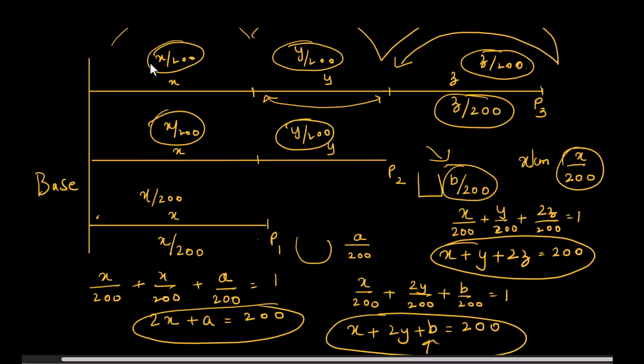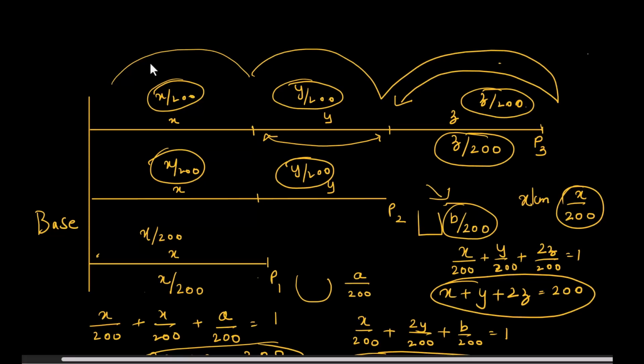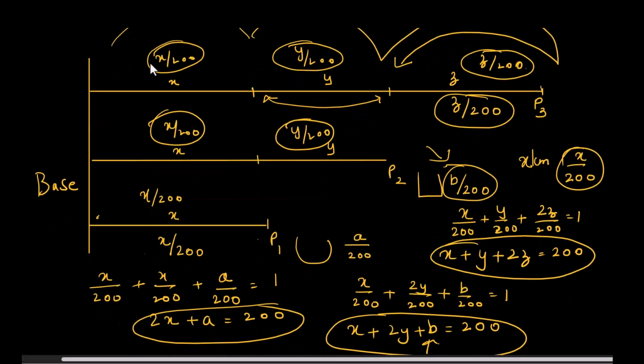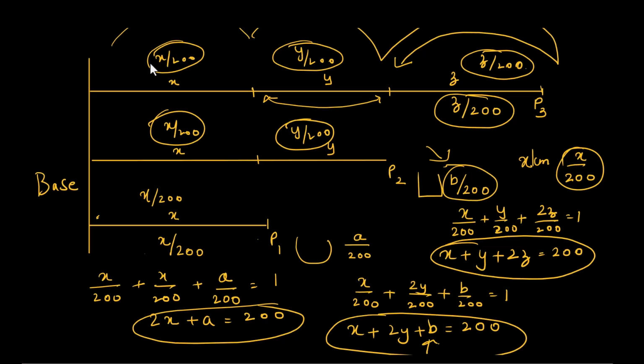So now what we're going to do is to look at what happens when he comes back from P2. When he comes back from P2, he's refueling at this particular point, and that's going to give him enough fuel to go back to the base, which means he's going to be taking X by 200 amount of fuel from P1 and then traveling back to the base.